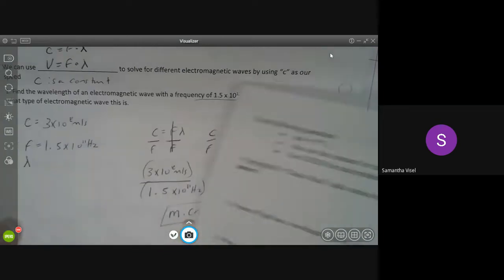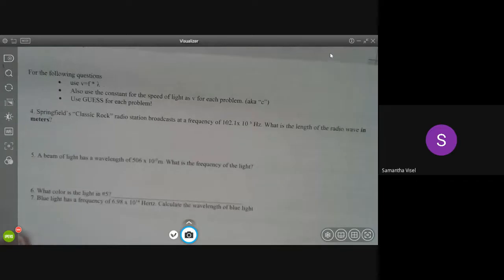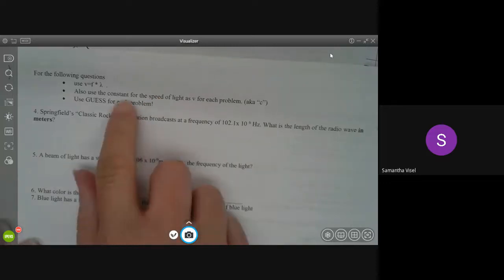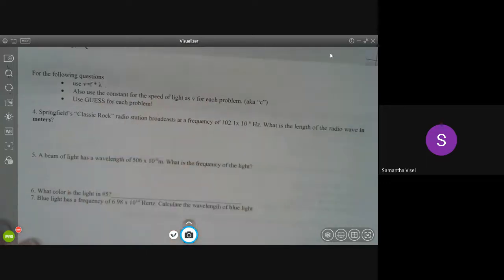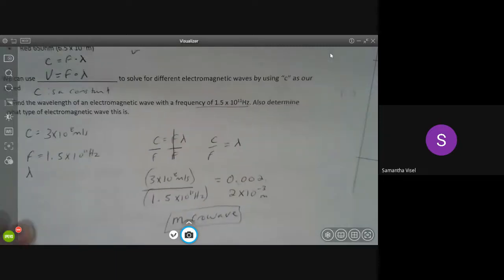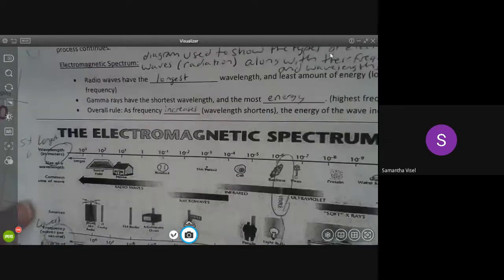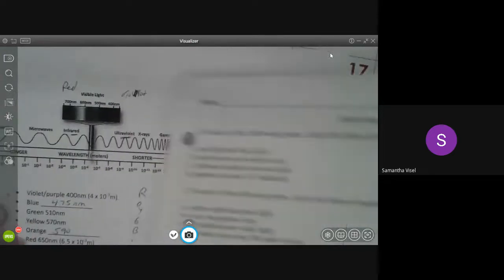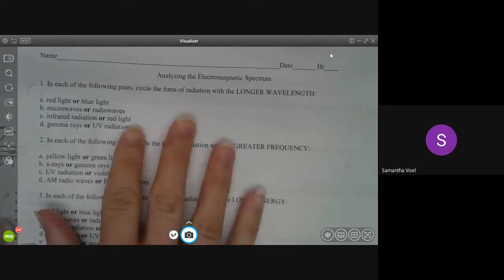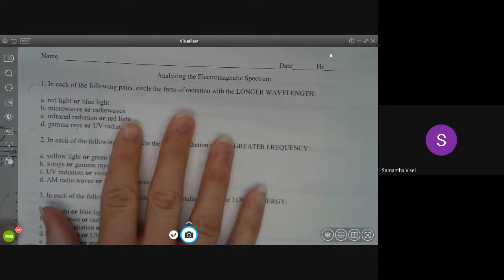And then on the back, some practice problems calculating frequency or wavelength using our speed of light constant. Remember, the constant for the speed of light is c, so it's 3 times 10 to the 8th meters per second. And then you'll also be identifying the waves or color, so you'll want to use this diagram here. We're going to take a second to pass this out, and then we're going to pause the video, and I'm going to have you work through this, and then we'll go through and correct it.